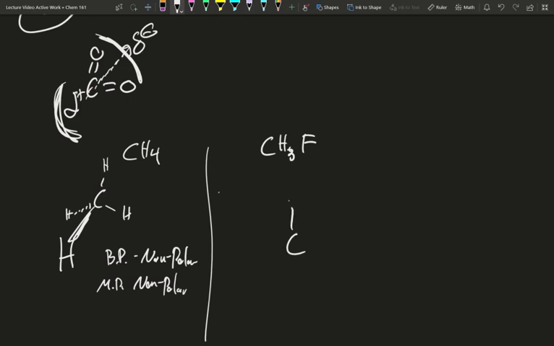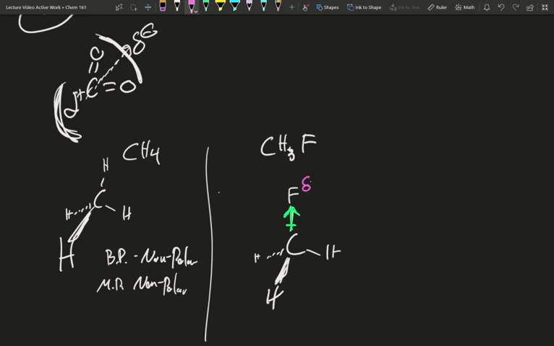Well, I have a carbon. Let's do the fluorine up, hydrogen over, hydrogen out, hydrogen away. Well, I do have a polar bond. We often draw a polar bond in a molecule like this with an arrow pointing towards the more electronegative atom, and a little bit of a plus sign on the more positive side.